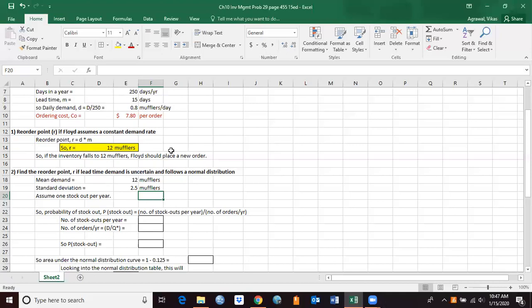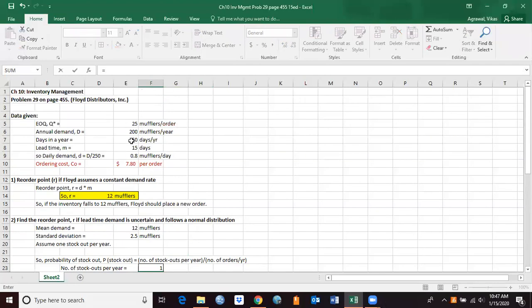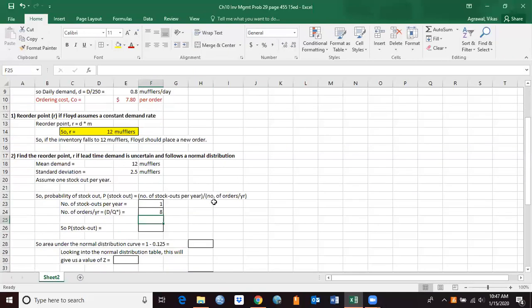Now we need to find the area under the curve, because we have been given one stock out per year. First, we need to find the probability of stock out, which is calculated as the number of stock outs per year divided by the number of orders. The number of stock outs per year is 1, as it says here. The number of orders per year is annual demand divided by order quantity, which gives me 8 orders.